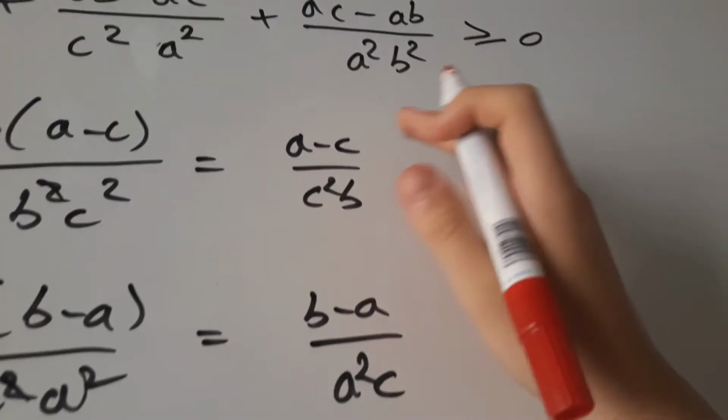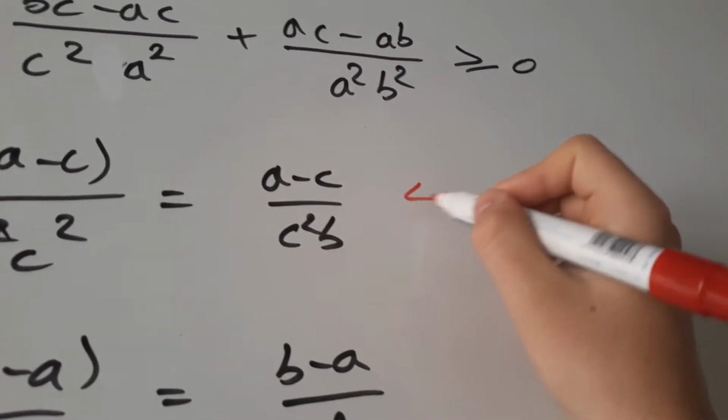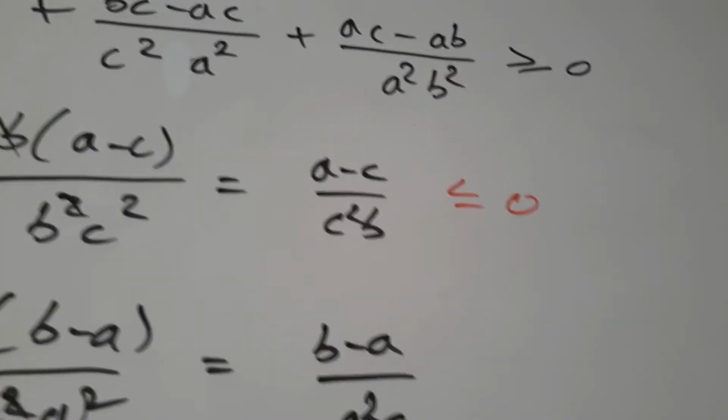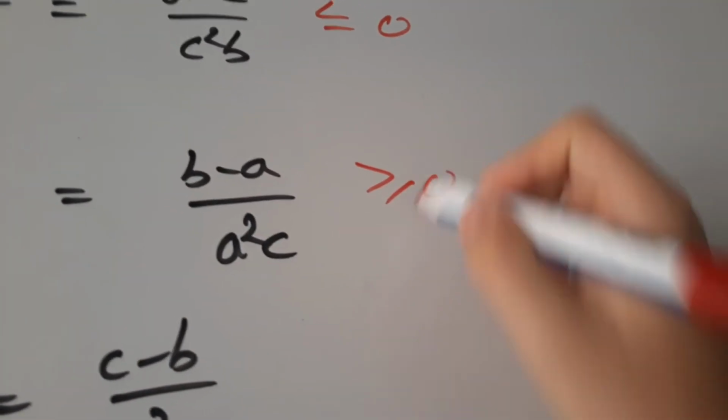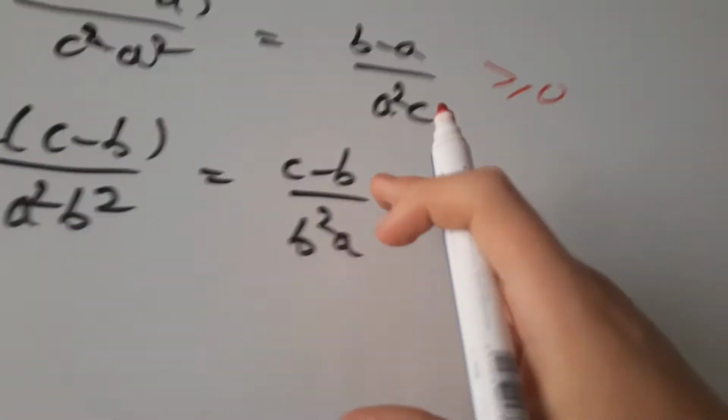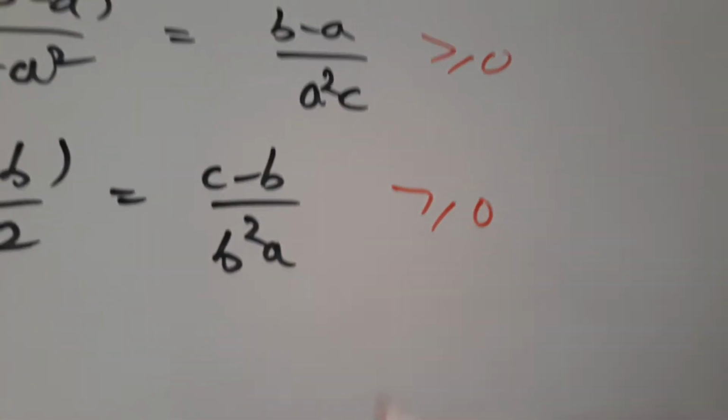In our case, a is less than c, so this fraction is less than 0, is negative. b minus a is positive, so it's greater than 0, and c minus b also will be positive.